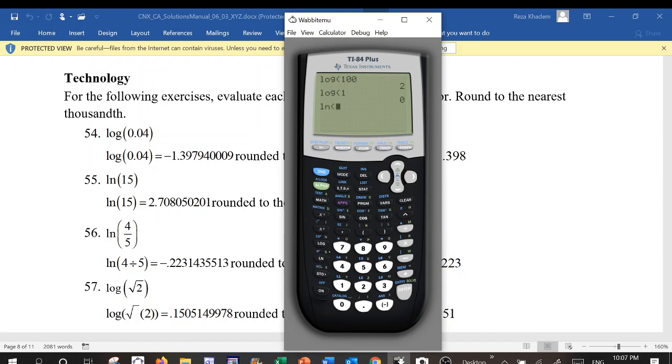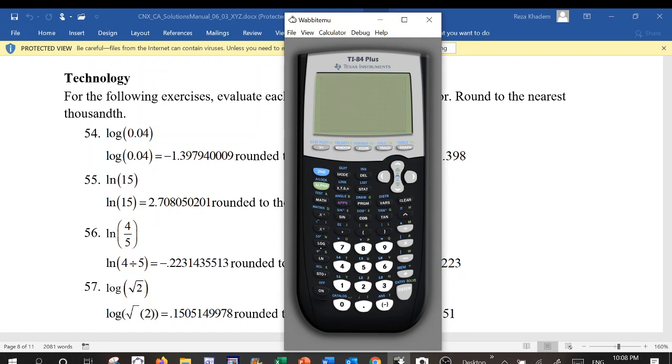So what is ln of e to the 5th power? What do you think the answer is going to be? Yes, 5, because they cancel each other. So the calculator has ln and log, and if we can't do it in our head, we're going to do it with the calculator. What is log 0.04?